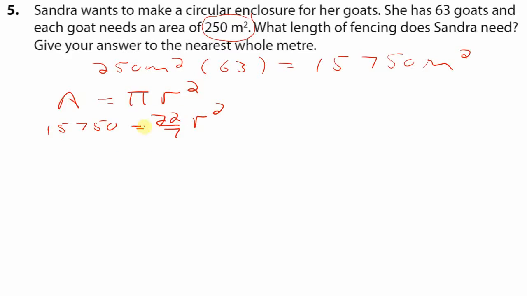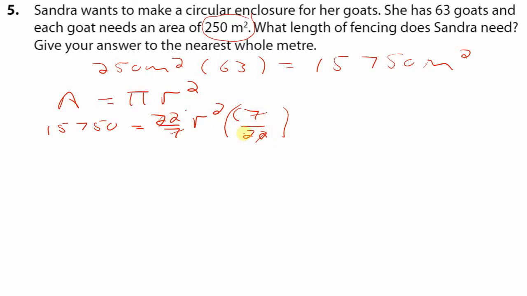But now I have an equation. I can solve R. How do I do it? Well, I have to get rid of 22 over 7. How do I do that? If I multiply the top by 7, these 7's will cancel. If I divide the bottom by 22, these 22's will cancel.